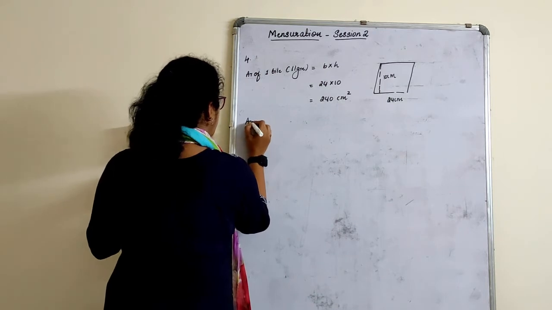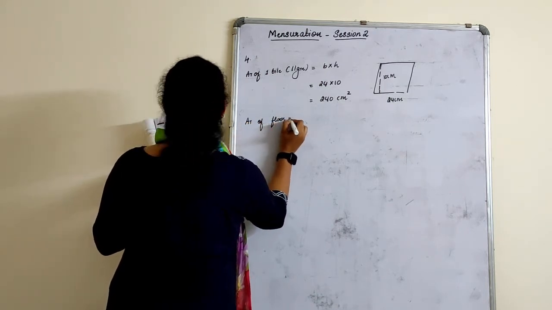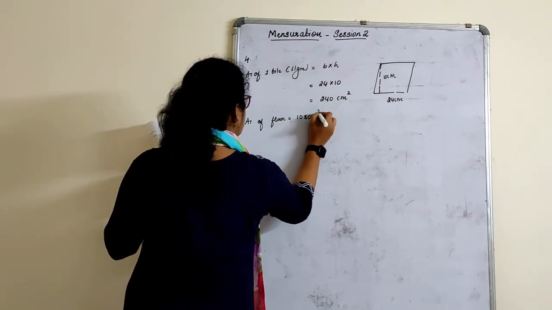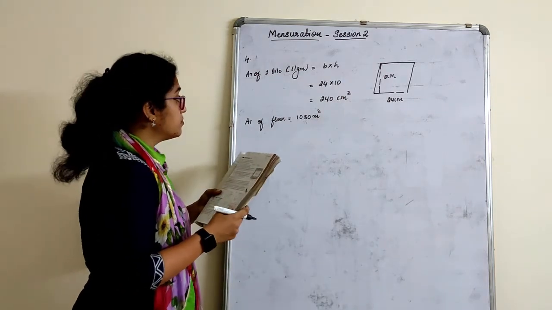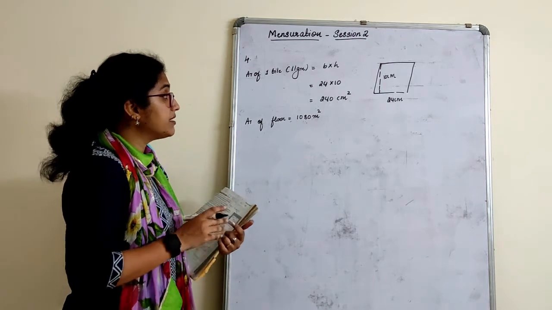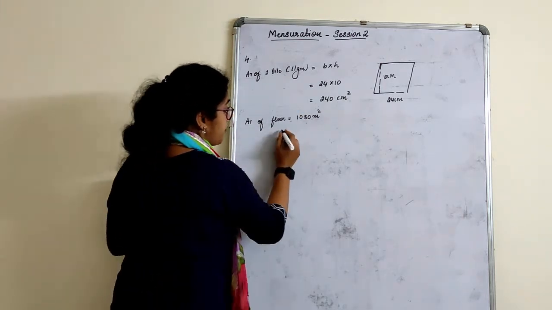What is area of floor? 1080 meters square. We will keep the whole answer in terms of centimeter square here. Since it is given in terms of meter square, let us first convert this in terms of centimeter square.